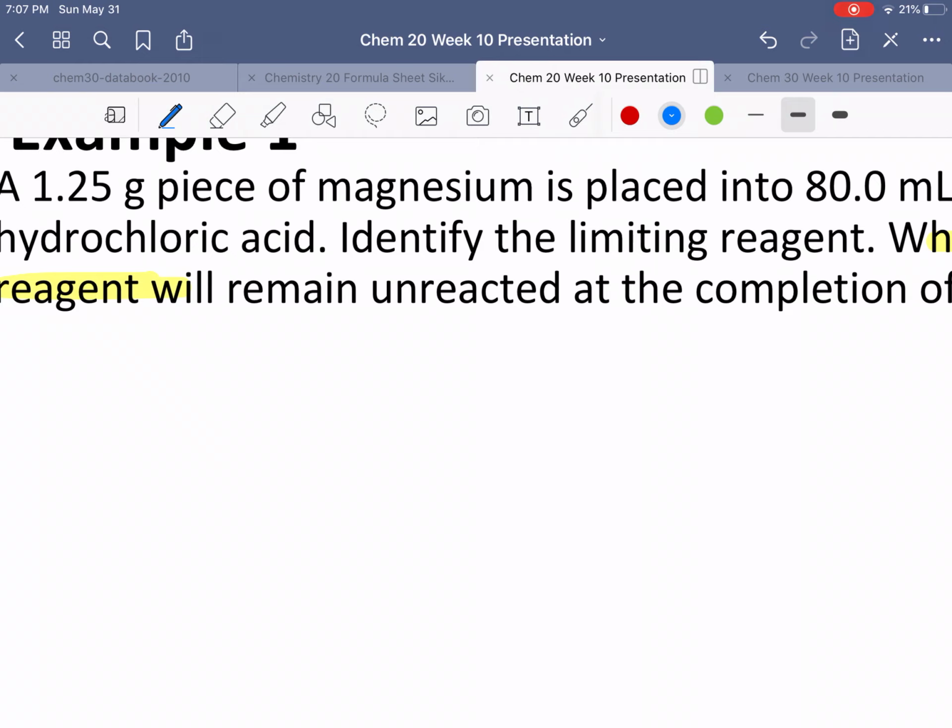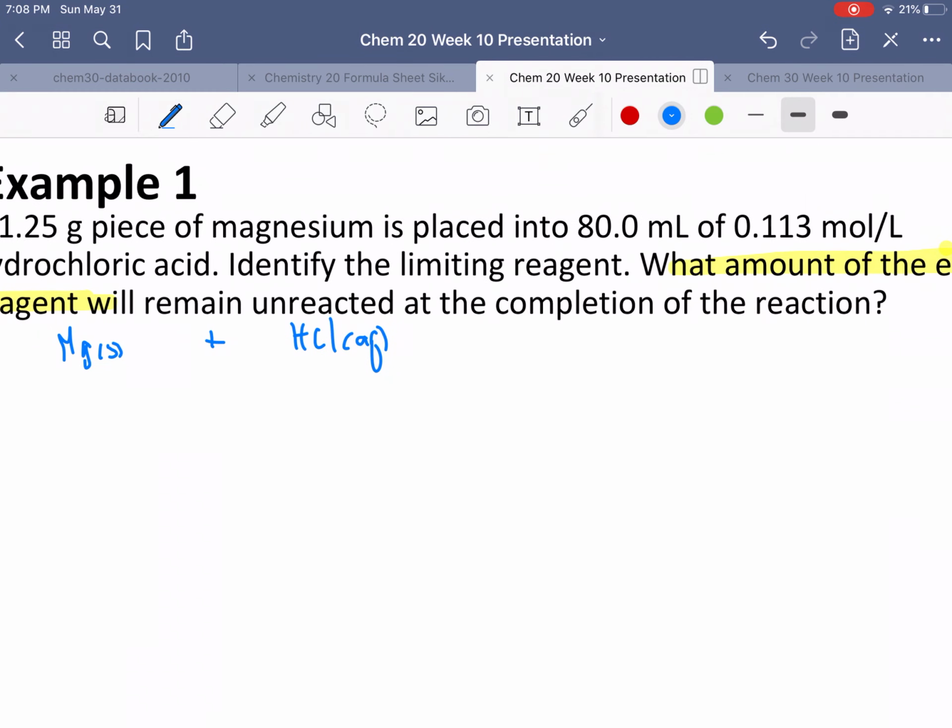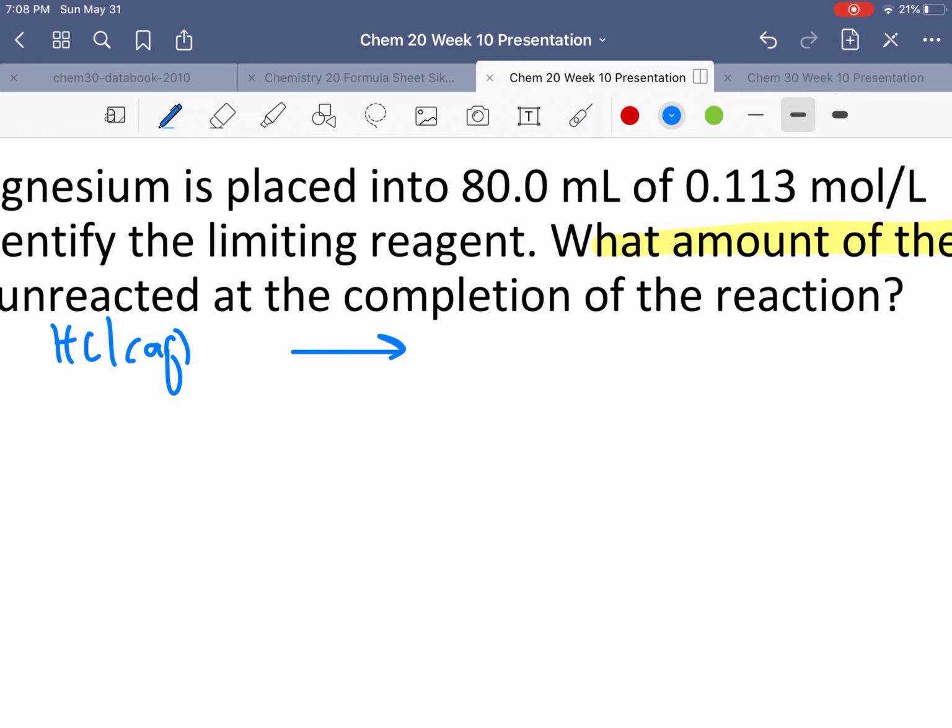Let's start there. We are taking magnesium solid and reacting it with hydrochloric acid. Now, I have a metal reacting with not an ionic compound, but something I can still swap out. This is a single replacement reaction. So the hydrogen gas is going to get kicked out by the magnesium, right?